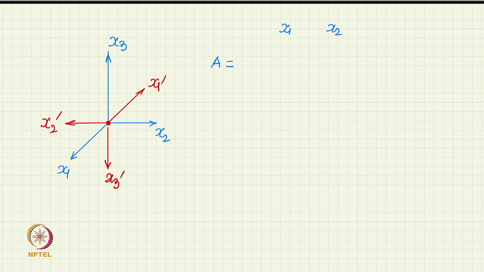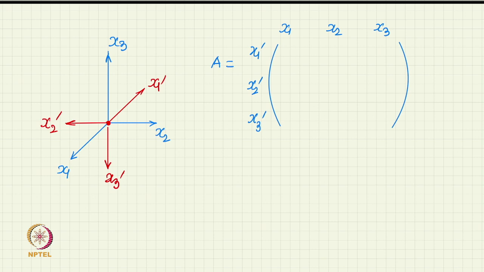We write x1, x2, x3, the old, on top, and x1 prime, x2 prime, x3 prime on the right, and we simply note all the direction cosines, the cosines of the angle between these pairs of directions.